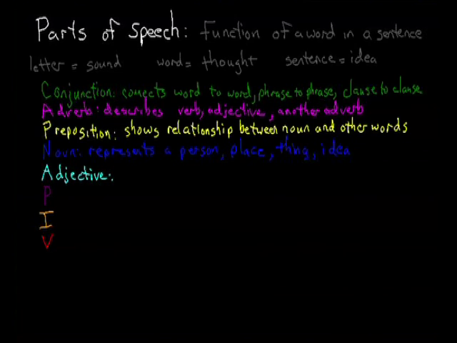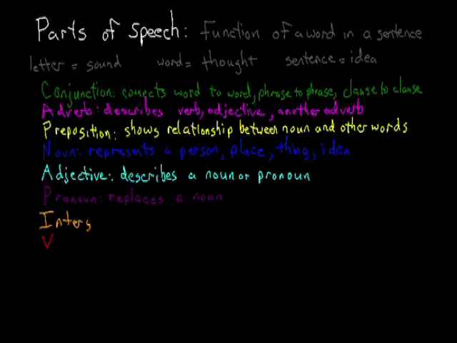And you'll notice here that the colors that are connected in these sections are coordinated. The noun, the adjective, and the pronoun are all these different variations of blue. So an adjective is a word that describes a noun or a pronoun. The P stands for pronoun, and a pronoun replaces a noun.